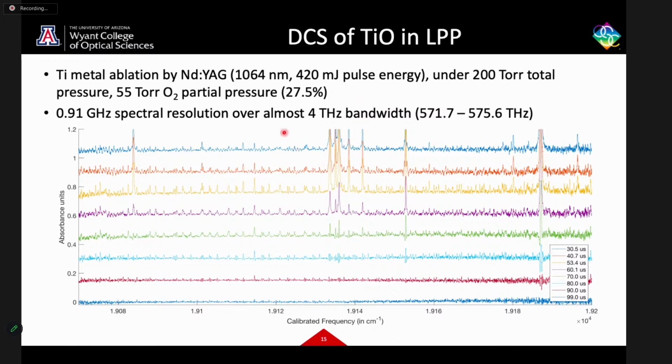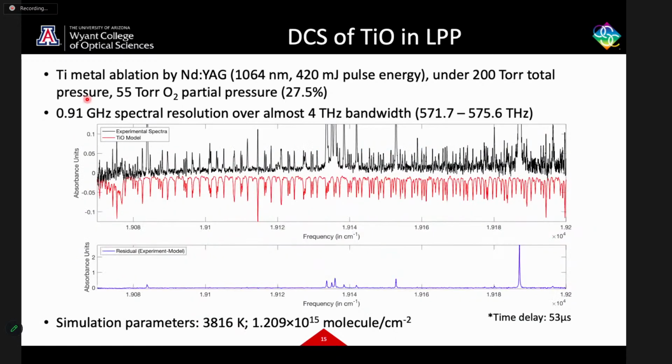These time delays, ranging from 30 to about 100 microseconds, have a 0.91 gigahertz spectral resolution over a 4 terahertz bandwidth. And here we are not limited by our distance from our ablation event. So all of these are maintained at this high spectral resolution.